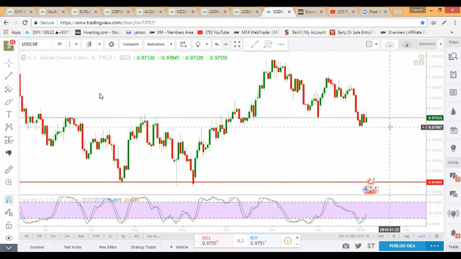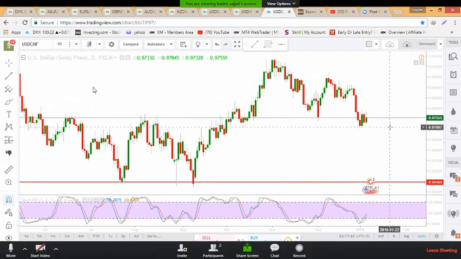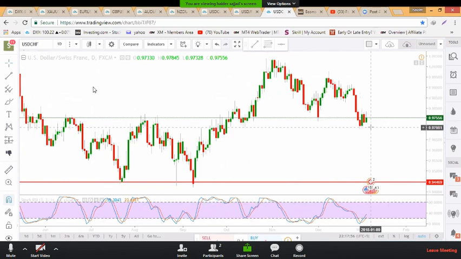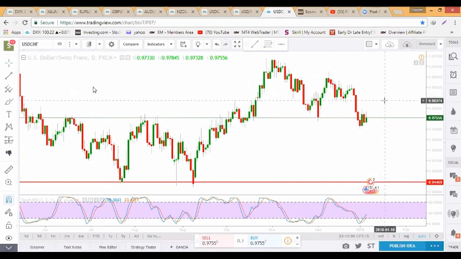So I expect that the USD Swiss franc can go up in the next week. I don't have a very clear view about it, but let's hope. So, Mr. Asim, I would say it will have a bullish momentum for next week.